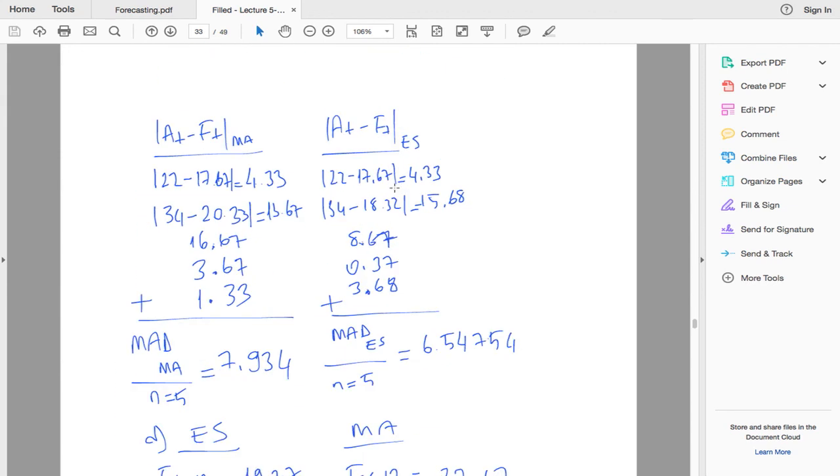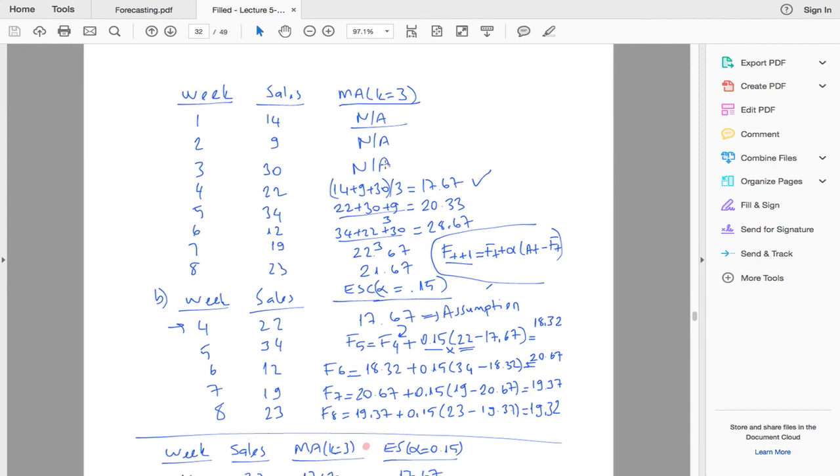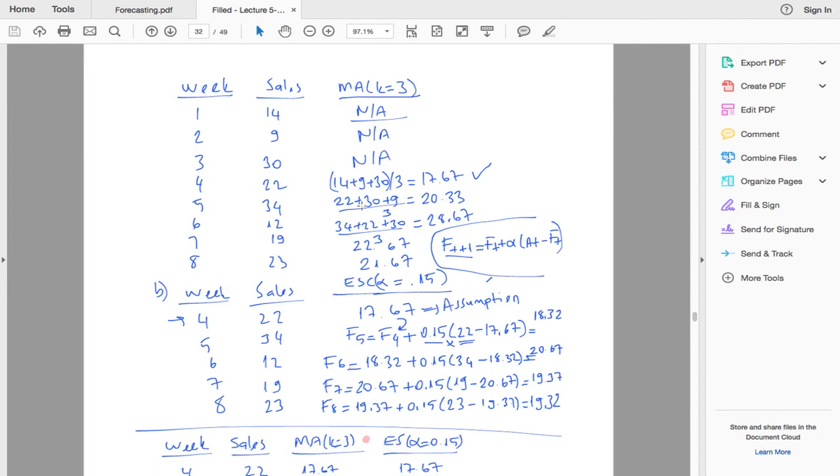In part B, I was asked to use exponential smoothing. My assumption is that the first forecast value you calculated in part A, I could have the option to take it as it is, 17.67. Well, I took it right there. And then I implemented the formula that says f(t+1) is equal to f(t) plus alpha times (a(t) minus f(t)).